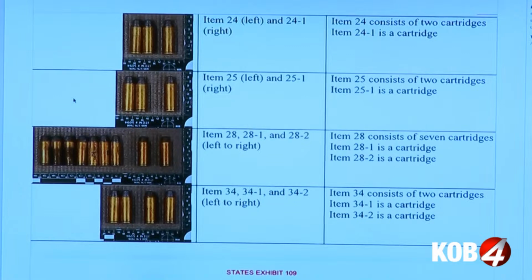So for instance, the third row across, item 28 originally was all of those cartridges, but I removed 2, so I sub-itemized 28-1 and 28-2, and then the third column tells you that what's left of 28 is 7 remaining cartridges, and the 2 that I subdivided are eventually what we're going to disassemble.